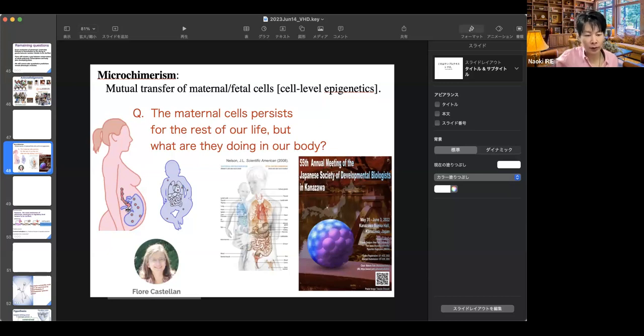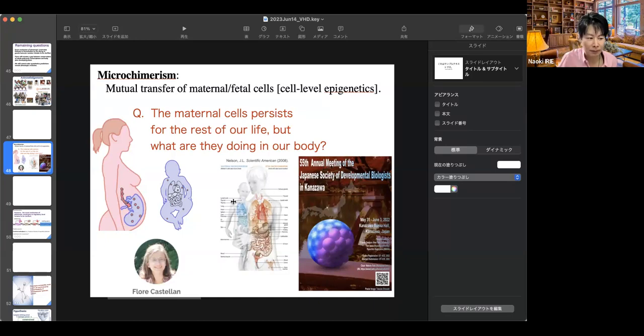And in other words, from a more general perspective, development would not start only from a single-celled fertilized egg, but some cells from the mother also participate in her development, especially for placental mammals and humans. And the cells have been detected in a variety of tissues and last for the rest of our life.